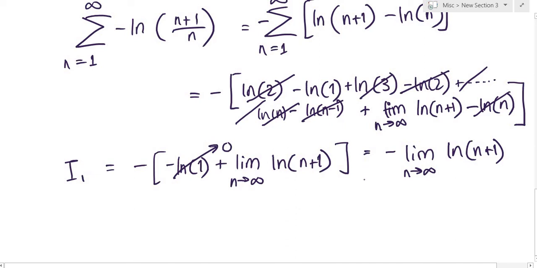Now it's time to do our I2. And I promise you, I1 was the hardest part of this entire question. I2 is going to be way easy. So if you remember, I2 was just the sum from n equals 1 to infinity of the integral from 0 to infinity of e raised to negative nx dx.